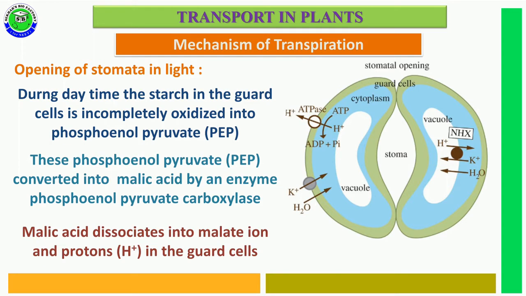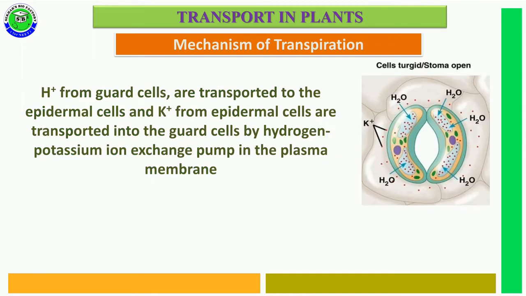This malic acid finally dissociates into malate ions, malate minus ions, and protons, H plus ions, in guard cells. The H plus ions from guard cells are transported to epidermal cells.